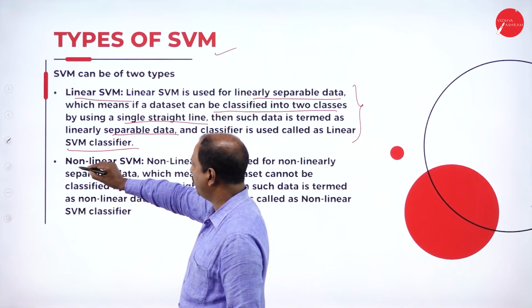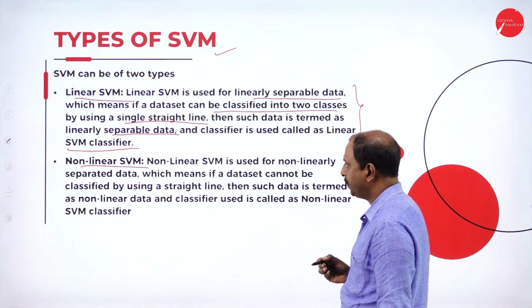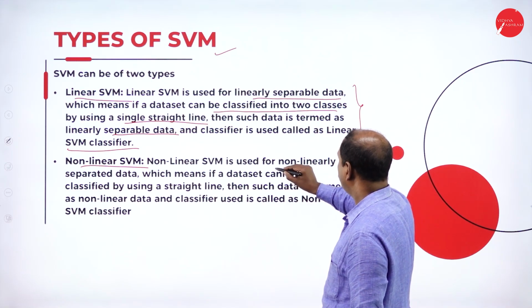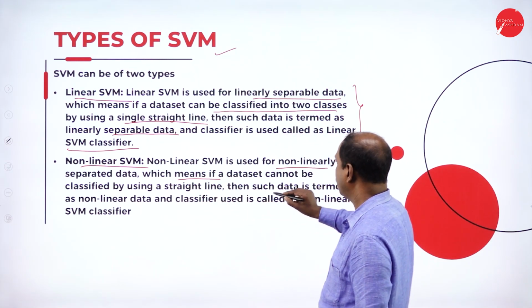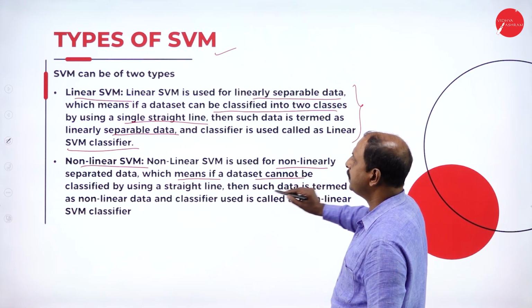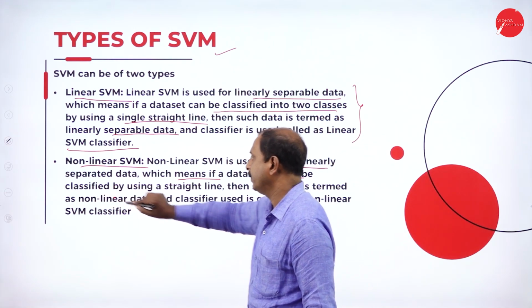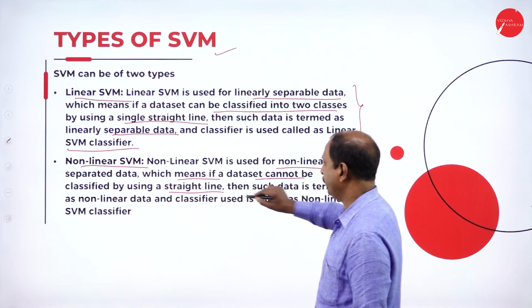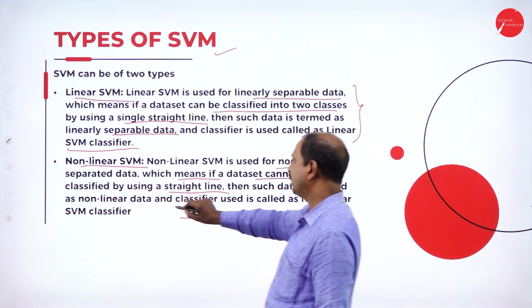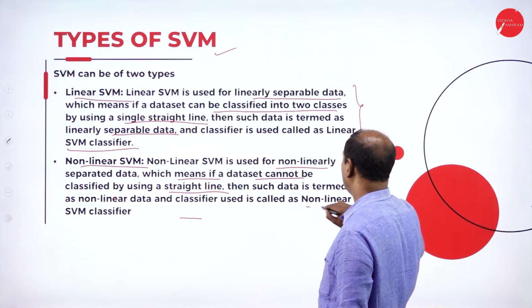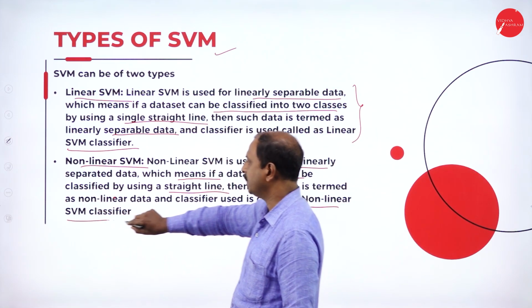The second one is non-linear support vector machine. It is used for non-linearly separable data, which means the data set cannot be separated or classified by using a straight line. Such data is termed as a non-linear data set, and the classifier is a non-linear SVM classifier.